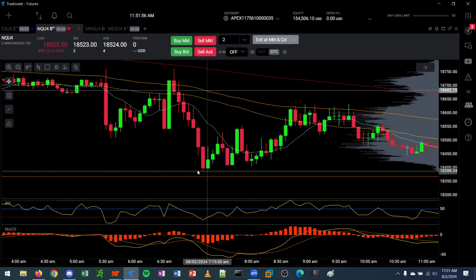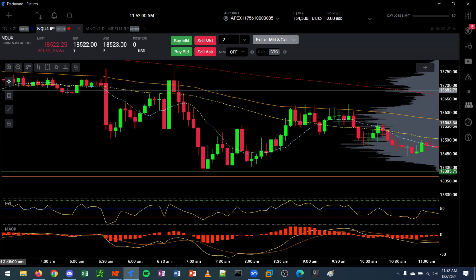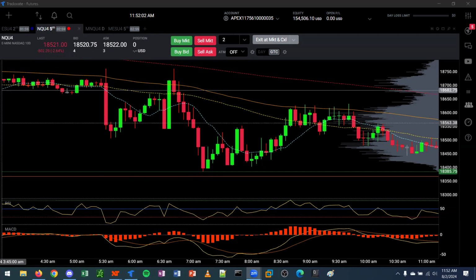So once it hits the 161, it just tagged it, right? You could have had where the body closed below the 161, and that kind of signifies a little bit of weakness, and then it can continue going down like this to the 261.